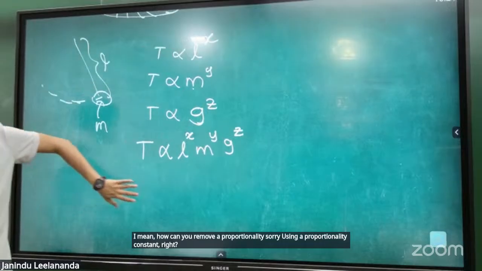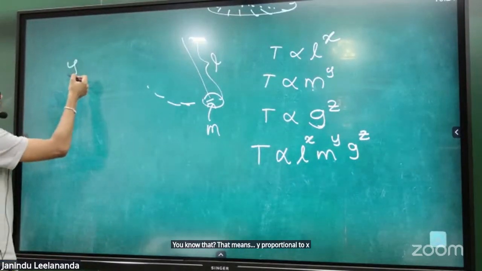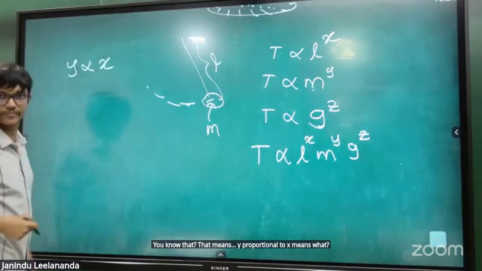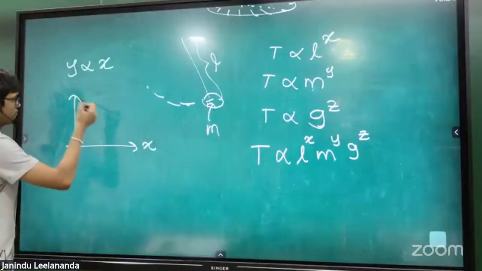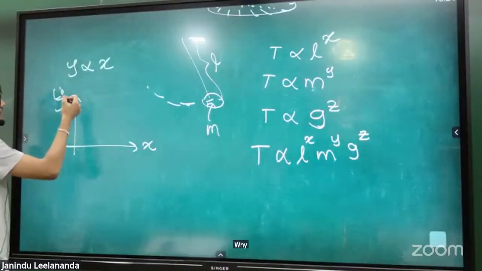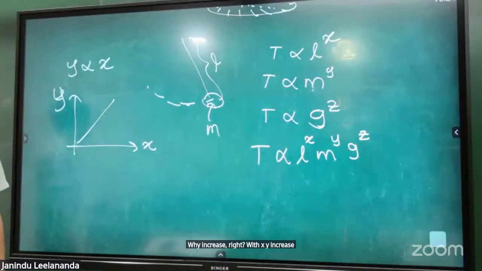You know that? Y proportional to x means with x, y increases. This is the meaning of proportionality, right?